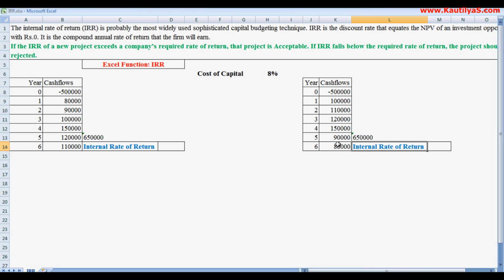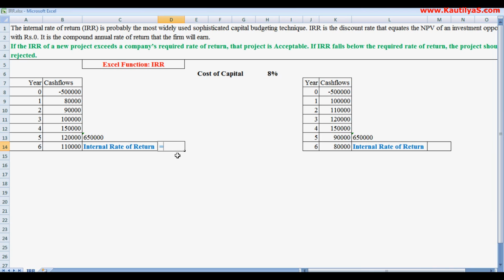So we try a lower rate, then a higher rate, then lower, then higher. With so much trial and error, we calculate manually, but the Excel built-in IRR function calculates that rate for you. Here we see how to calculate IRR using the Excel function.